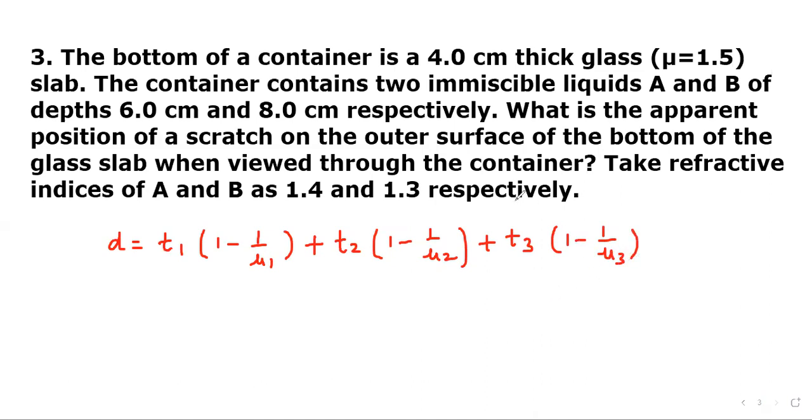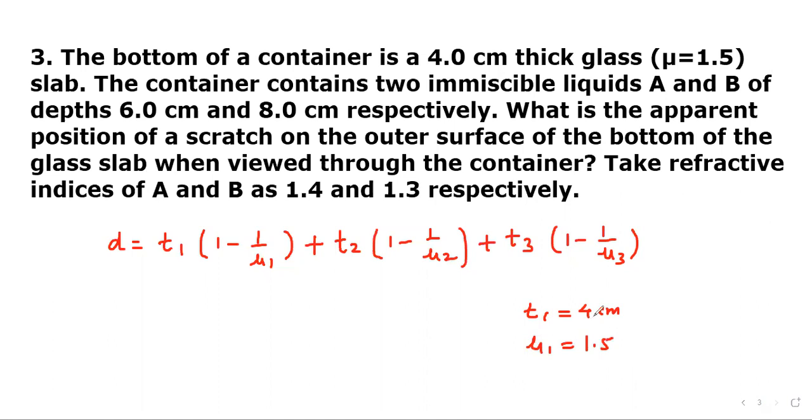Here T1 is the thickness of glass whose refractive index is 1.5. So let's write the information. T1 equal to 4 cm, mu1 equal to 1.5.